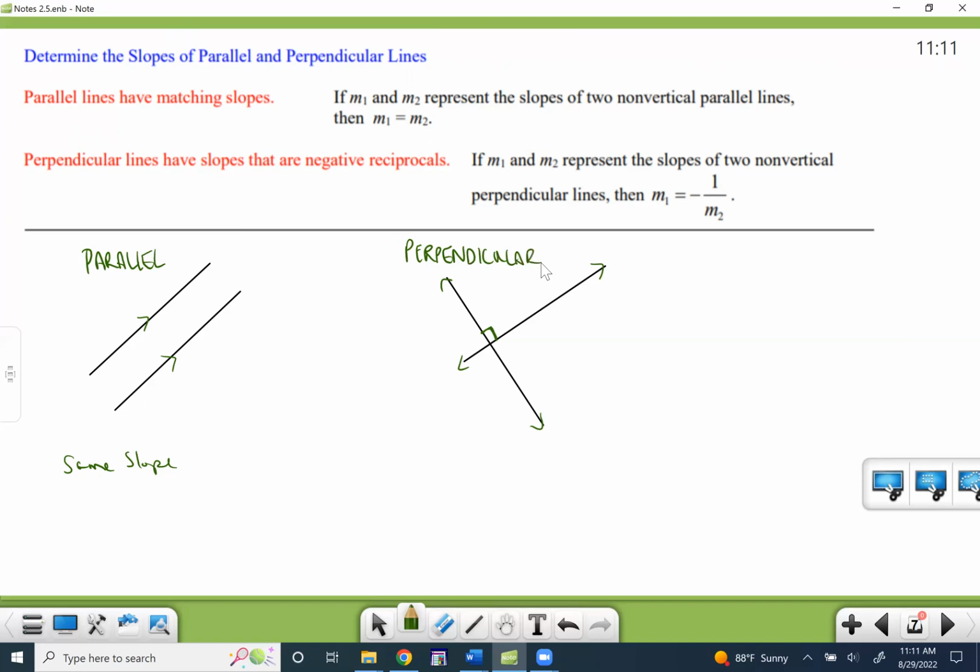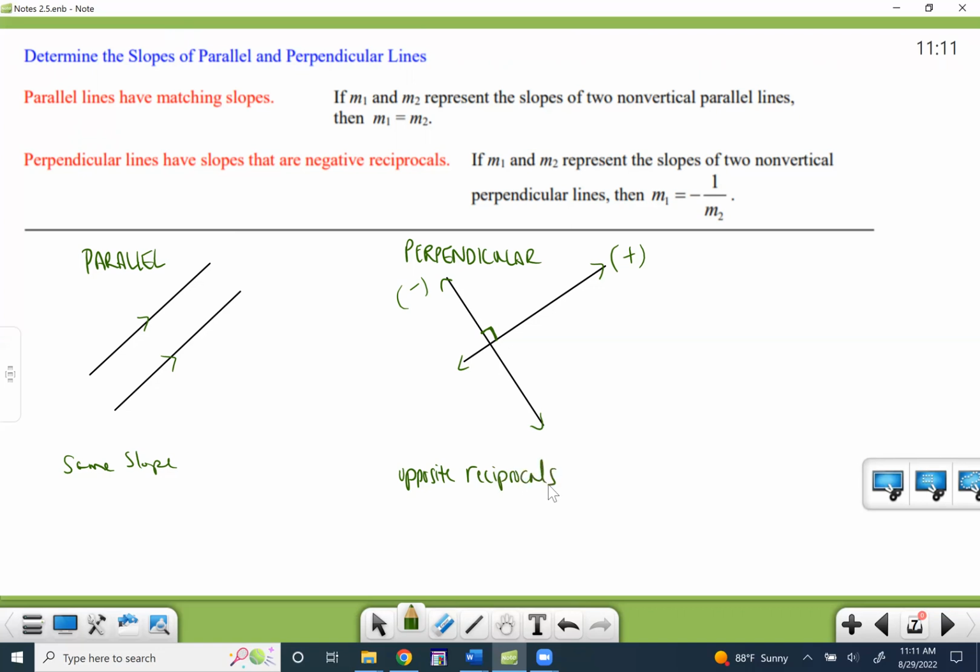Okay, they don't have the same slope, obviously. I mean, look at them. This one over here has to have a positive slope because it slants towards the right. This line over here has to have a negative slope because it slants towards the left. So no way do they have the same slopes, okay? So it turns out that their slopes are going to be opposite reciprocals. That's our mathy way.